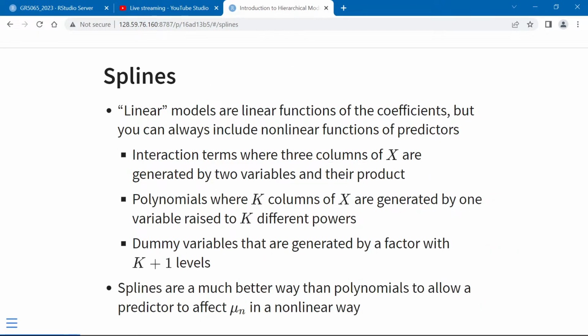So inclusive of that is a modeling technique known as splines, which gets back into what we were talking about with the previous homework and that article by Leo Breiman, talking about the differences between data modeling culture and algorithmic modeling culture.